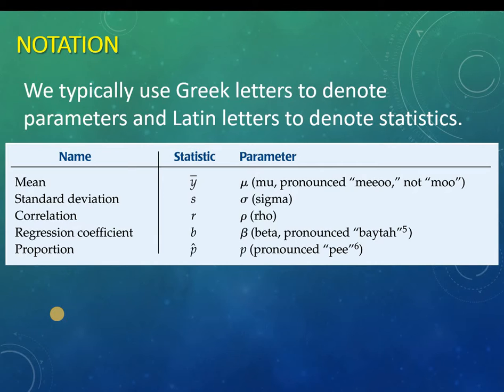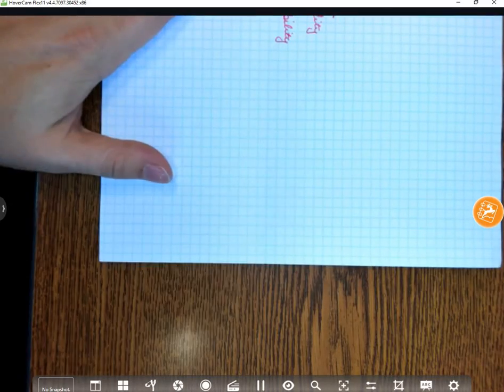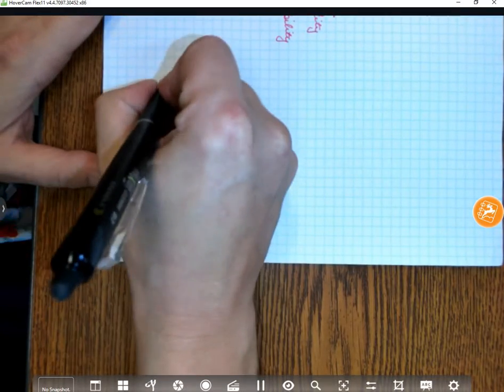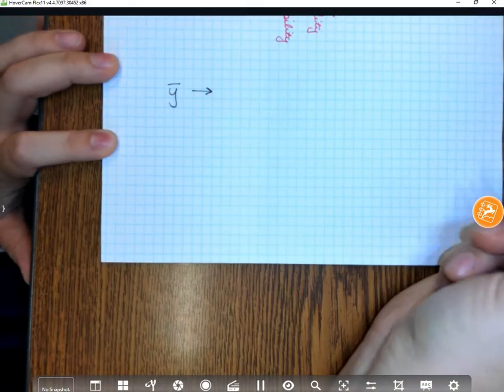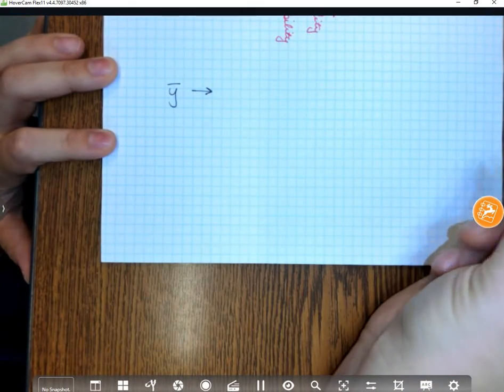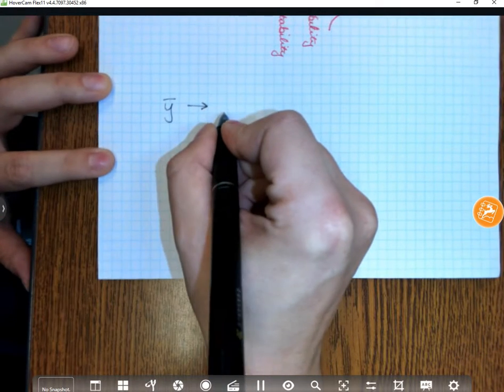If you look up here, I will show you how to write that letter. When we are talking about y bar being the statistic, the parameter, watch how I'm writing this.